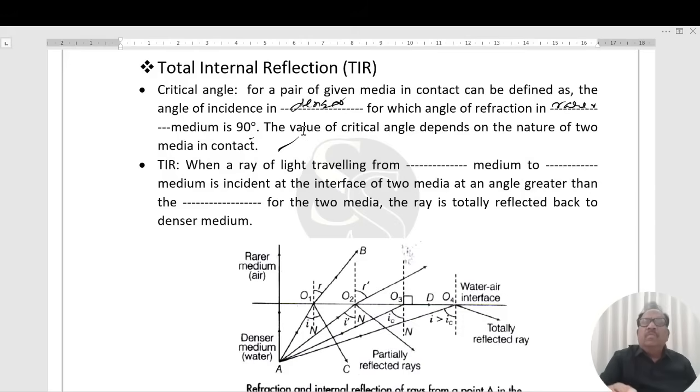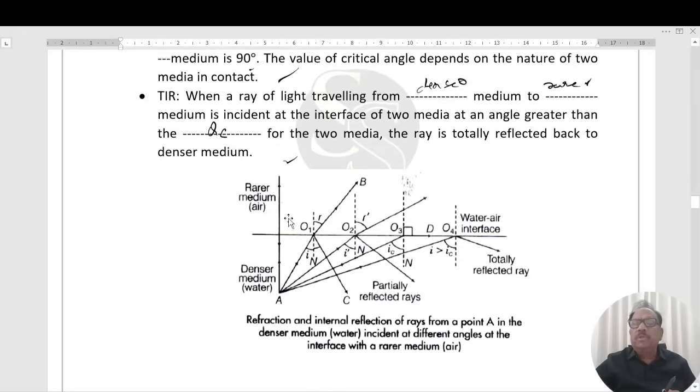When a ray of light traveling from a denser medium to a rare medium is incident at the interface of the two media at an angle greater than the critical angle theta c, the ray is totally reflected back into the denser medium.